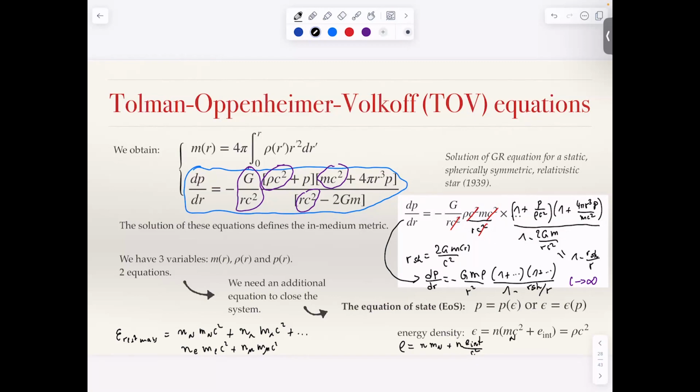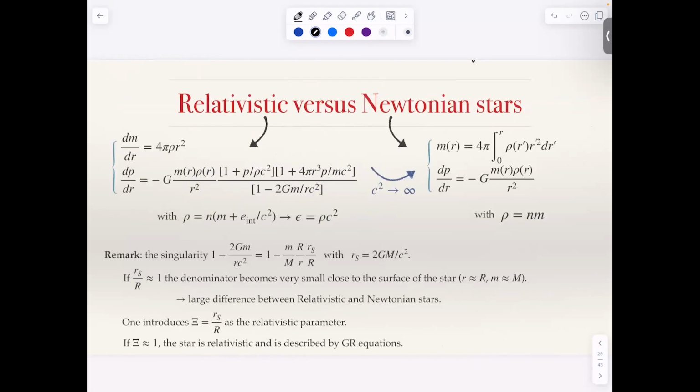Okay, I'm not going as fast as I want, but it is not very important. So this is in a way what I said before. On the left-hand side you have general relativity.